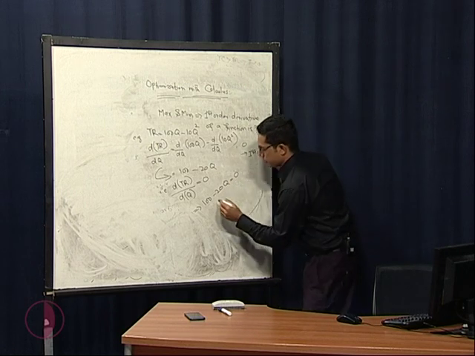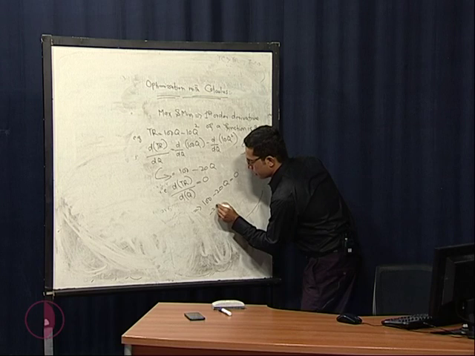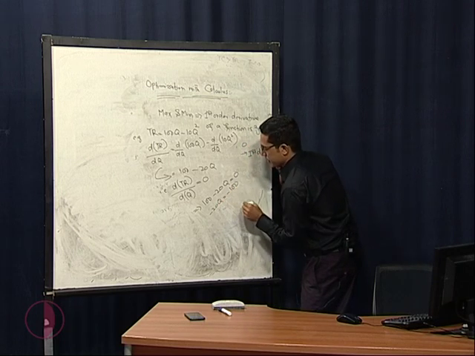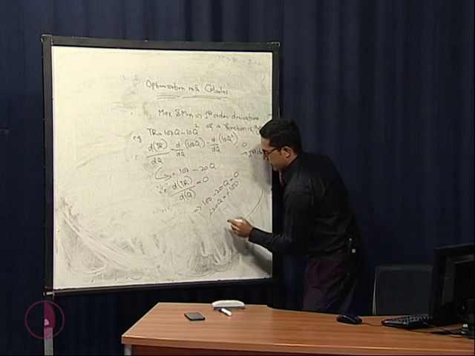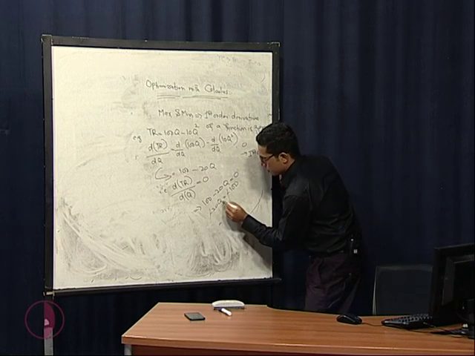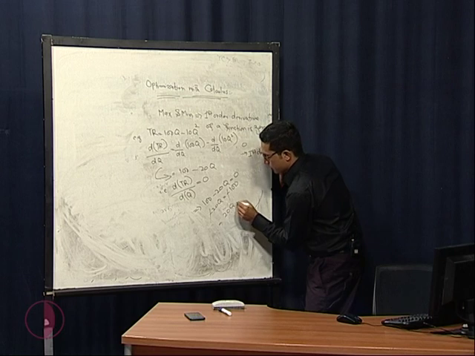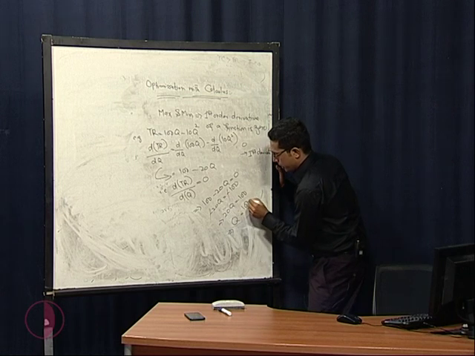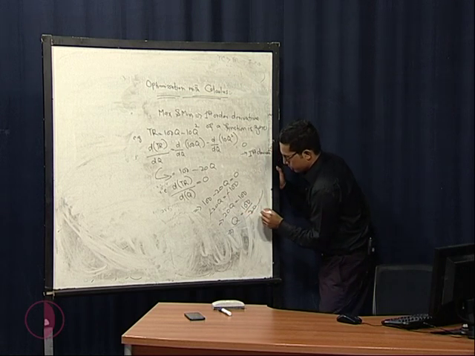Solving it for Q. So minus 20 Q equals minus 100, minus minus will be cancelled out. So 20 Q equals 100. Q is equal to 100 divided by 20.